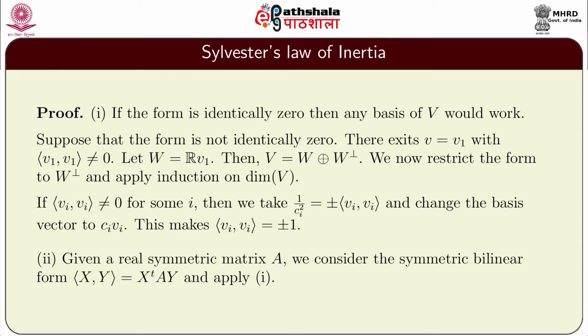Now, the part 2, given a real symmetric matrix A, we consider the symmetric bilinear form inner product ⟨x, y⟩ equal to x transpose Ay and apply part 1. We know that if A is a real symmetric matrix, then x transpose Ay is a symmetric bilinear form, and therefore part 1 becomes applicable on this symmetric bilinear form.